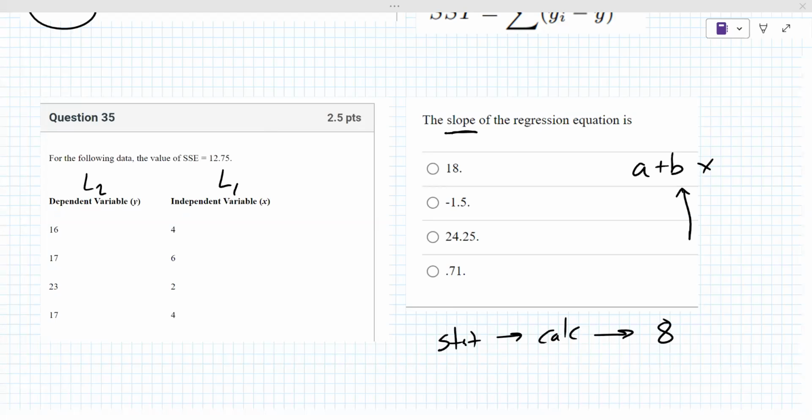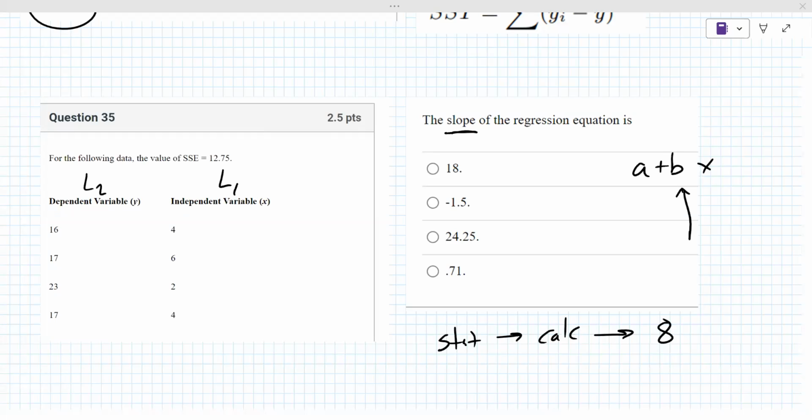Stat test number 8. Yeah, I just have list 1 and frequency, C level. Okay, we've done this like 5 times already today, so this is not good if you're still not able to figure out where we're at.